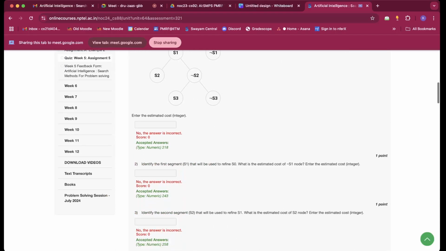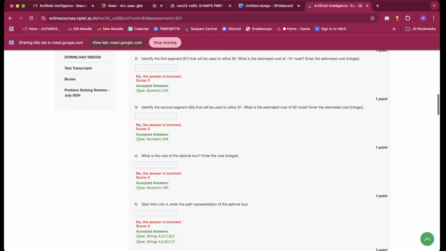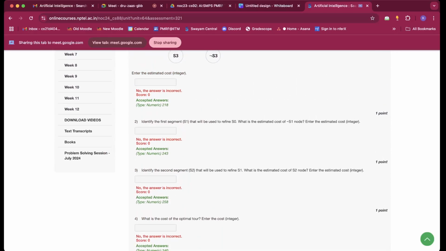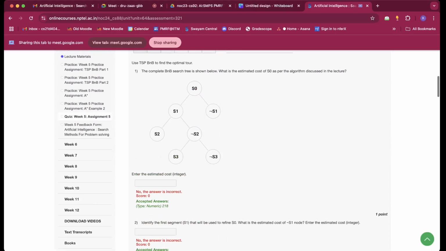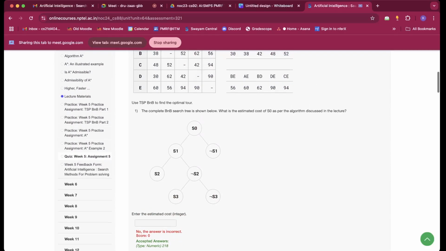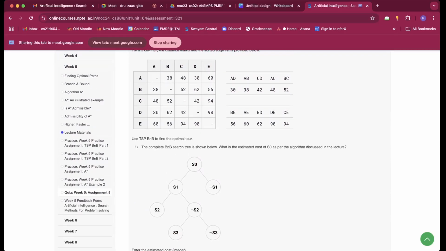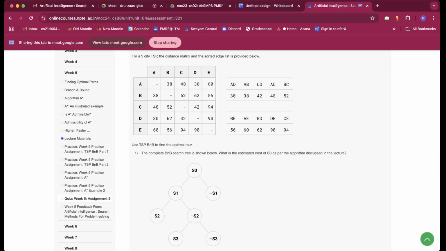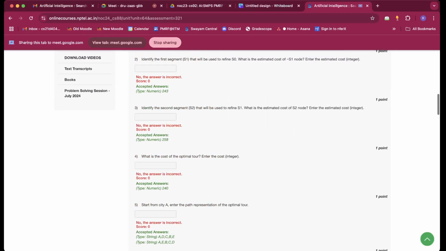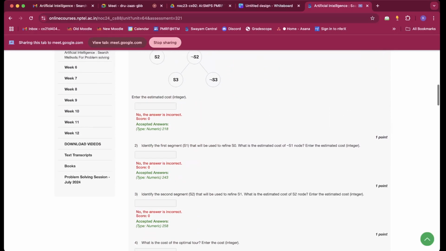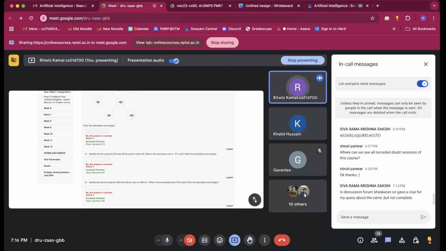Branch and bound. Okay, so again for this, we'll have to try to solve the whole thing, and I need to brush up my concepts on BNB again before I attempt it. So, have you posted this doubt in the discussion forum, and has Bhaskaran sir addressed it in some way?